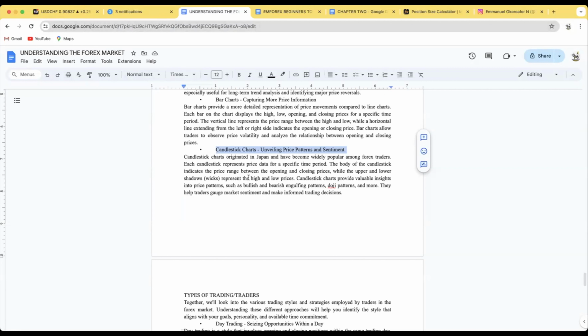Candlesticks provide valuable insight into price patterns such as bullish and bearish engulfing patterns, doji patterns, and more. They help traders gauge market sentiment and make informed trading decisions.